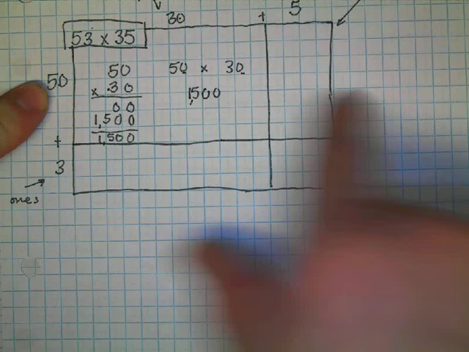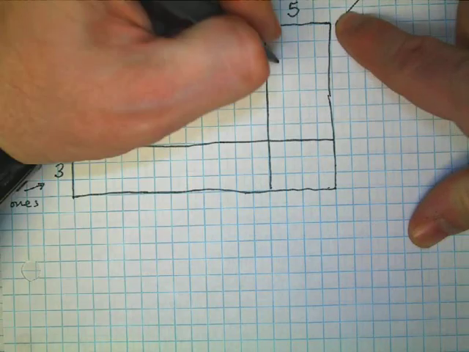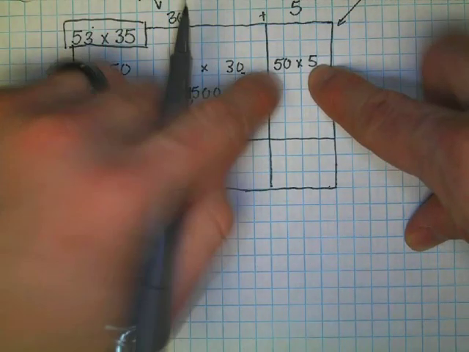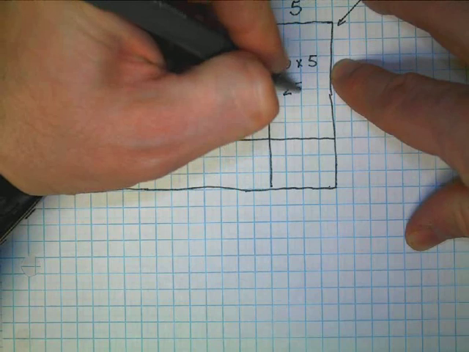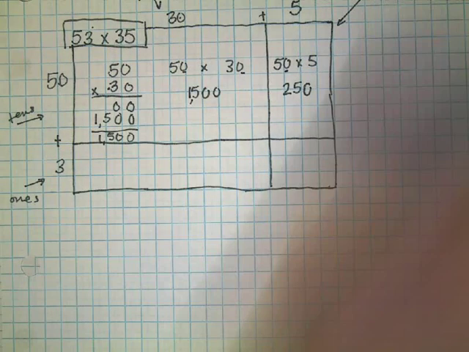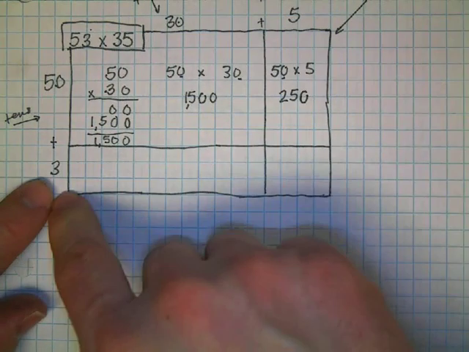Then this row is still 50, so now we're looking at the 5 column, 50 times 5. If I know that 5 times 5 is 25, I can add 1 zero for the tens, and that'll bring it up to 250.